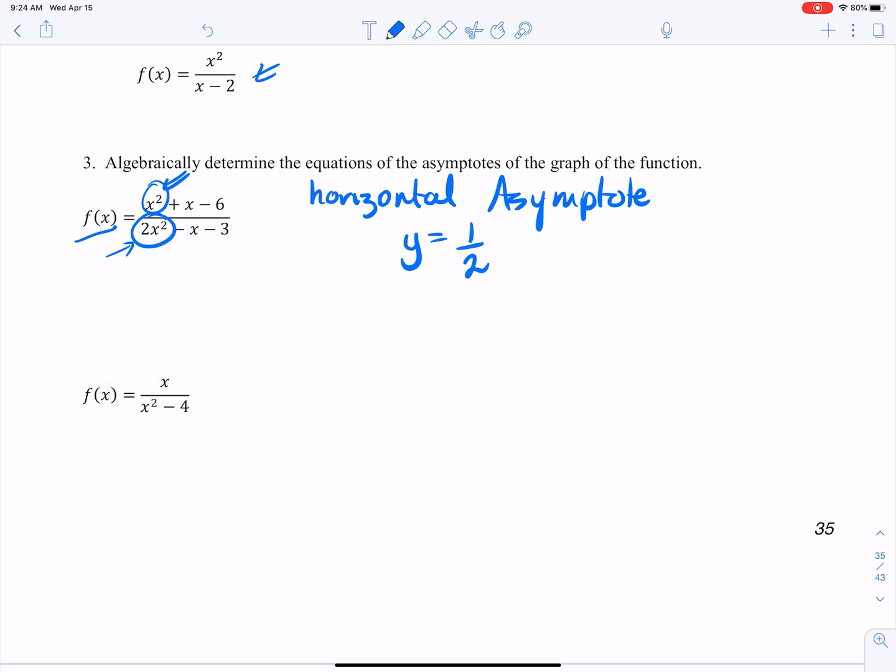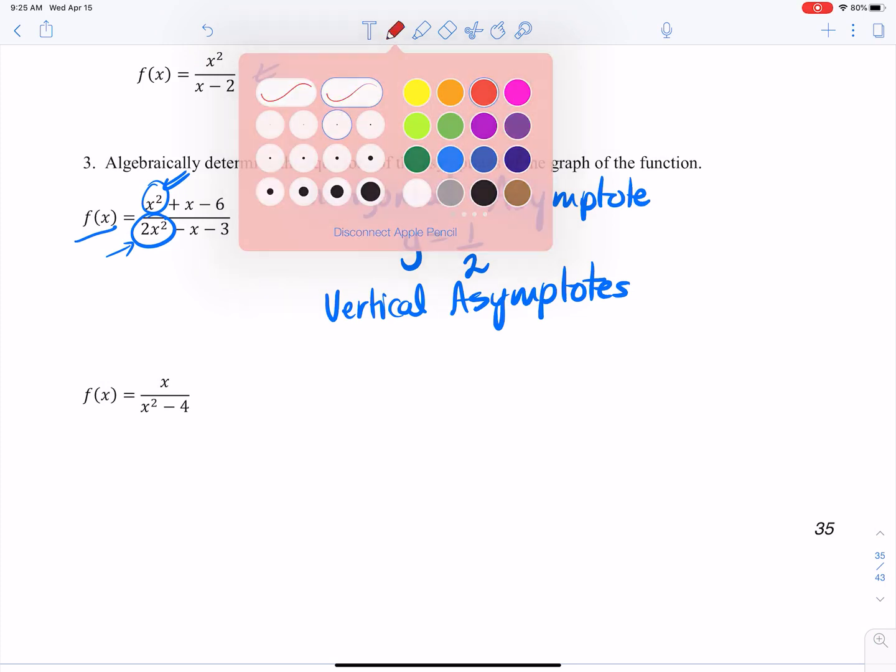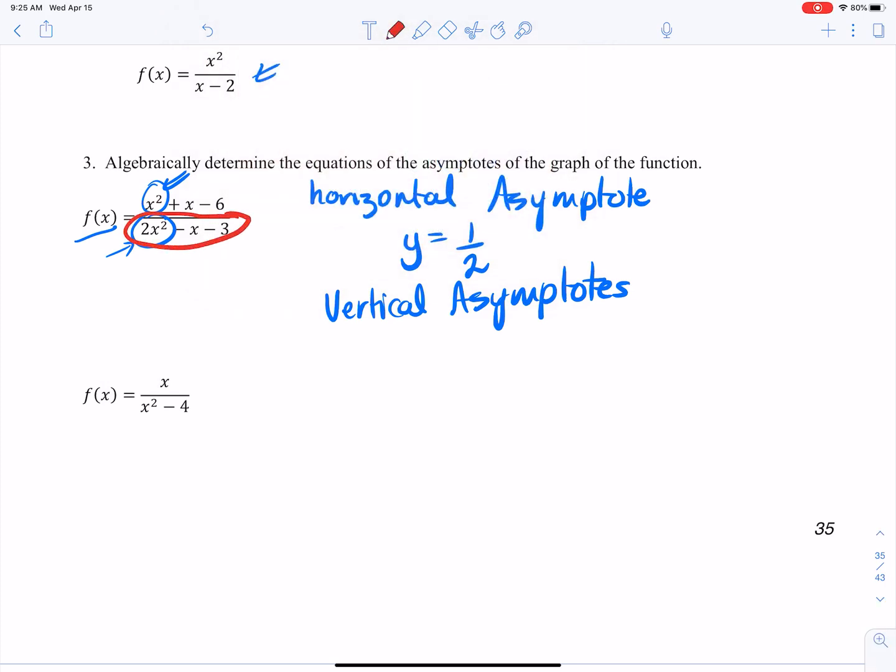Now I need my vertical asymptotes. When I'm dealing with my vertical asymptotes, I'm just looking at the denominator. So I know that 2x squared minus x minus 3 is going to have to be factored. So I'm going to factor that, see if I can do it.